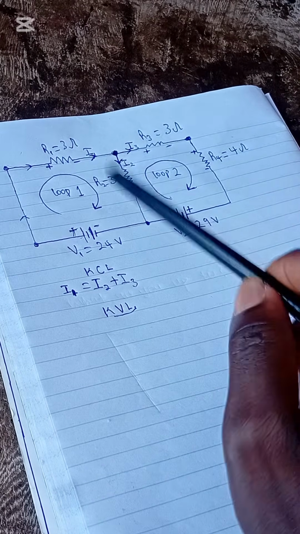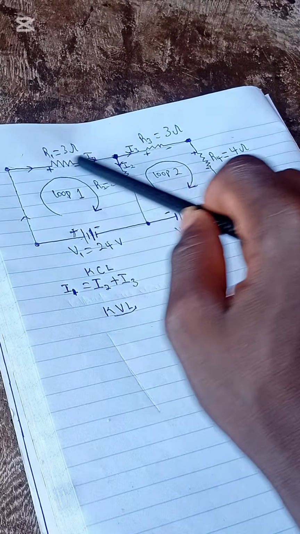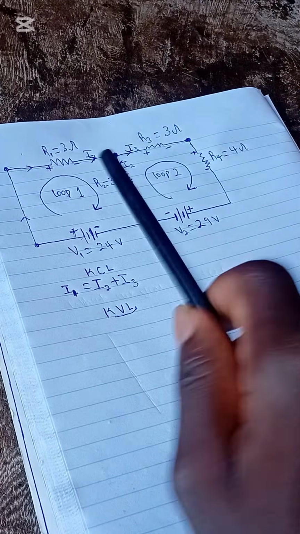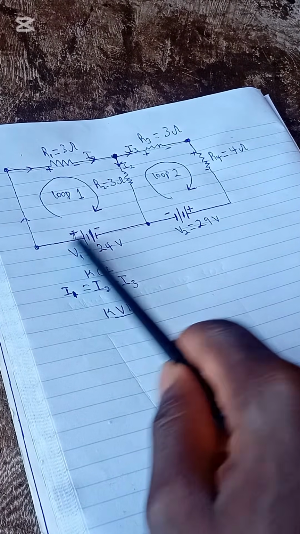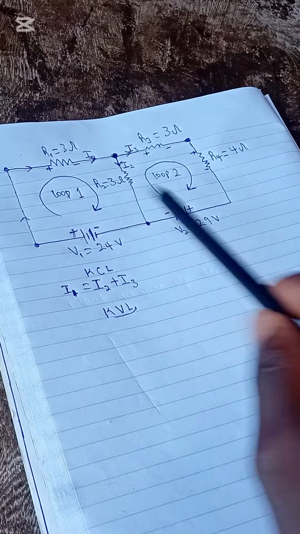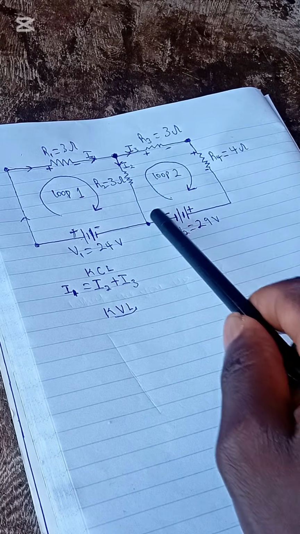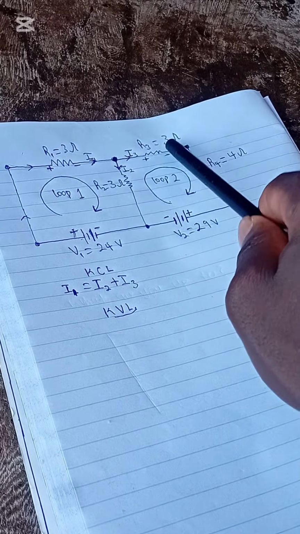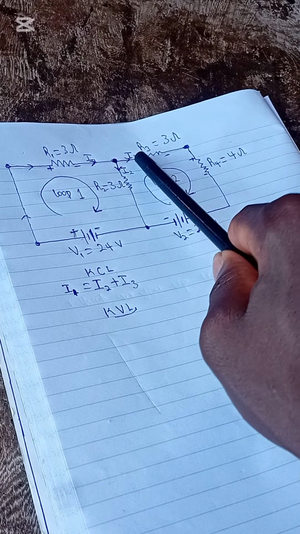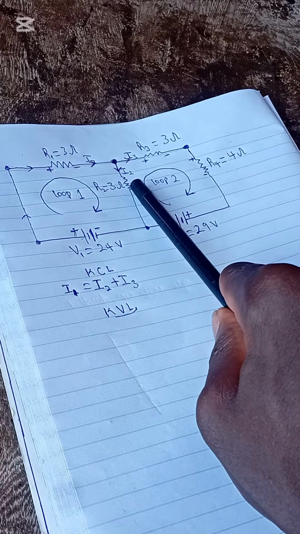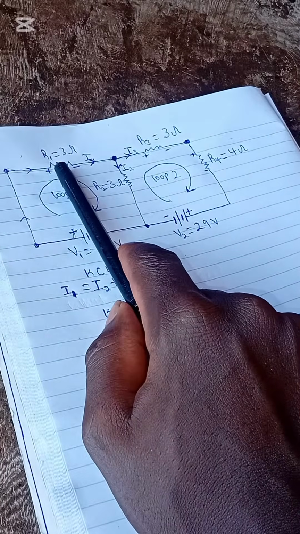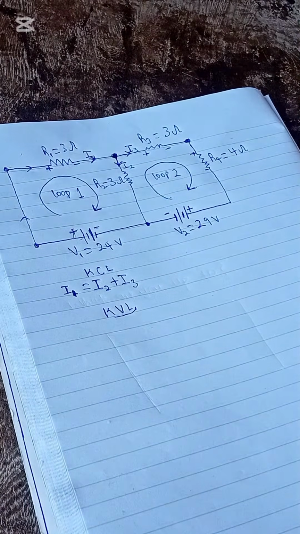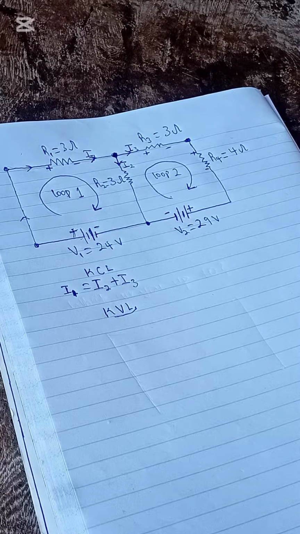Do you understand what I'm saying? But it is this one we are considering. Even though, you may decide to consider the other battery and change the signs the other way around: positive, negative, positive, negative. You will still get your answer.